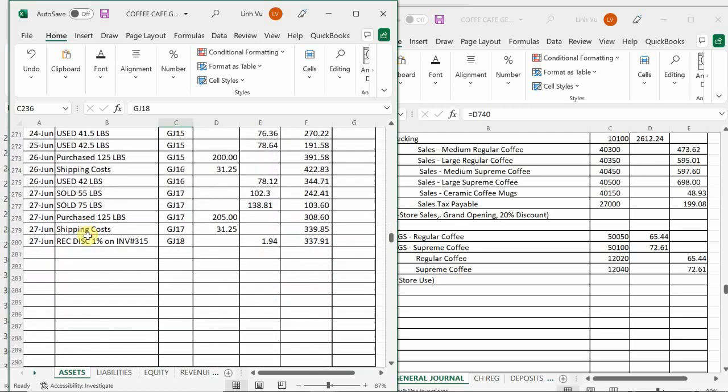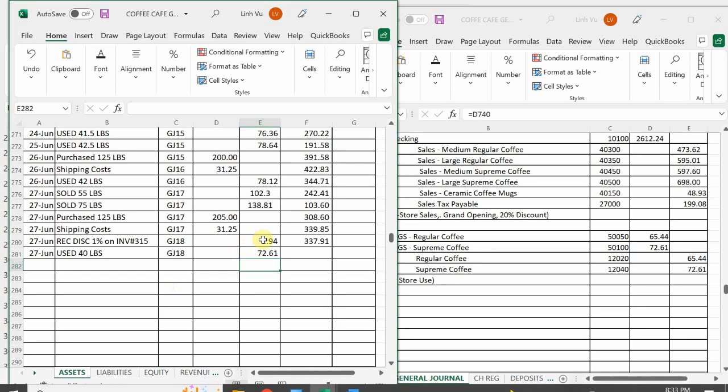And last but not least, my Supreme coffee. We used 40 pounds. Okay. Which ended up costing me $72.61.